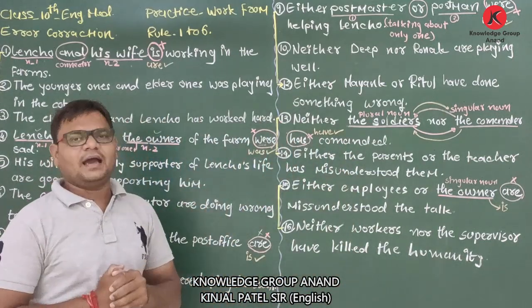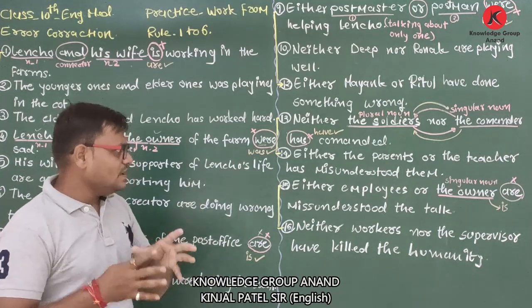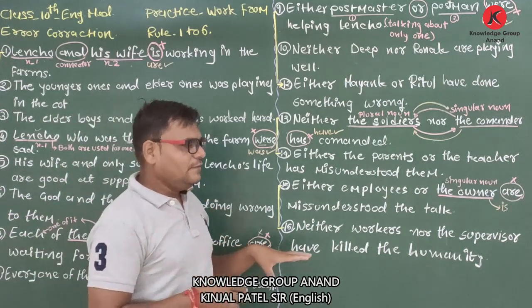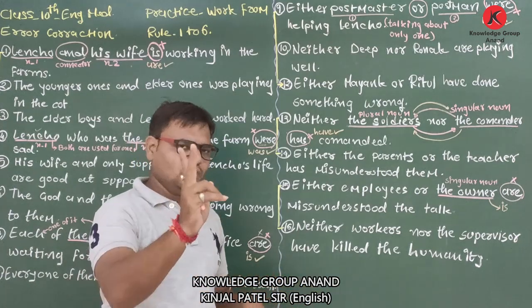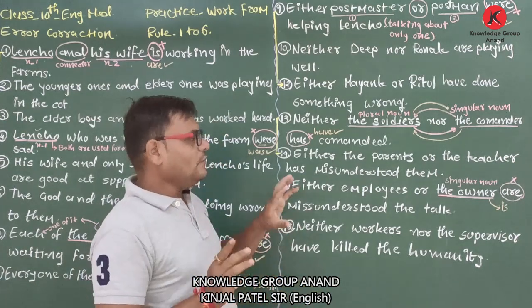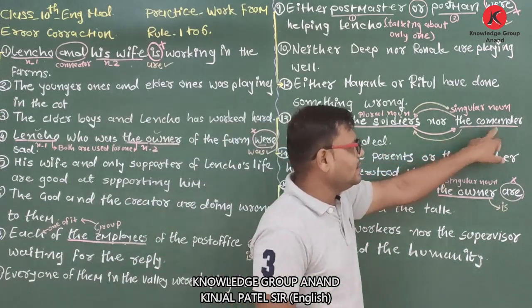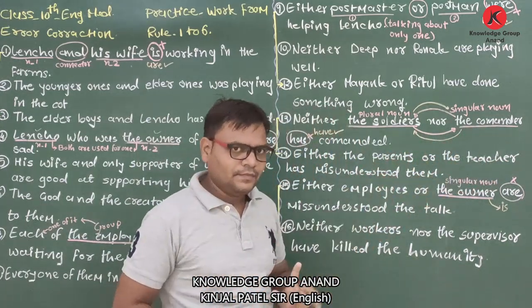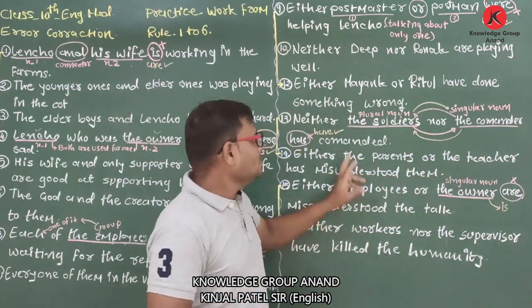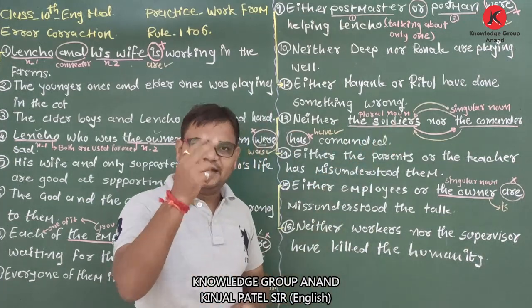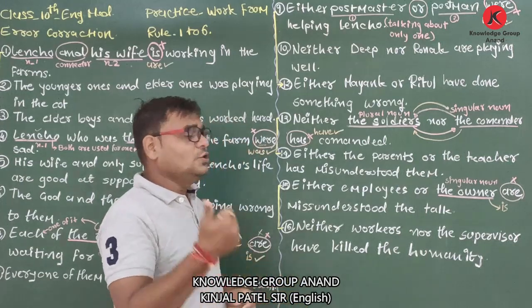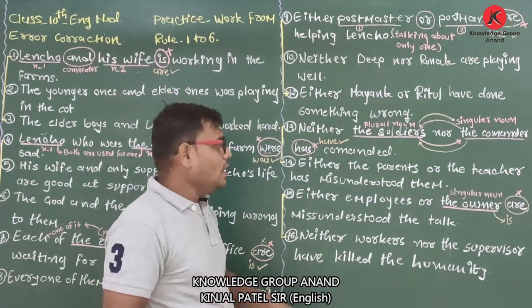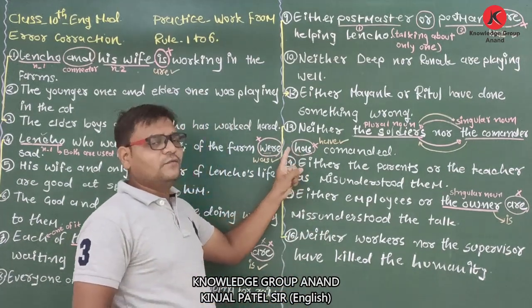It tells us that if there are two different nouns in numbers, for example, here we have commander. It is a singular noun. Number 2, the soldiers. This is the second noun, which is in a plural form. In this case, you have to put a plural form of a verb.